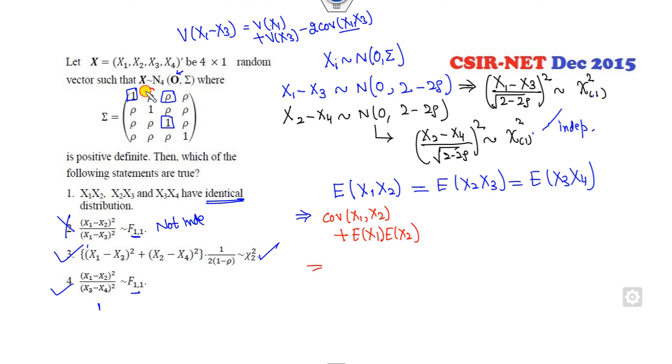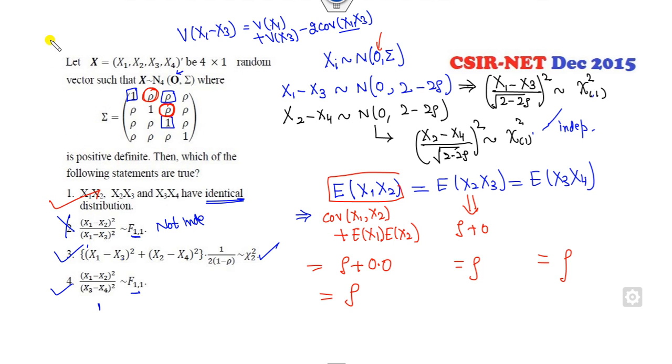What is the covariance of x1 x2? It's rho. Expected values are 0. So this value is rho. Similarly for this case, covariance of x2 and x3, again rho plus 0 is rho. This is the same. Similarly, because they are identical, each has the same mean, same variance. So this is the correct option. A, C and D are my correct options.